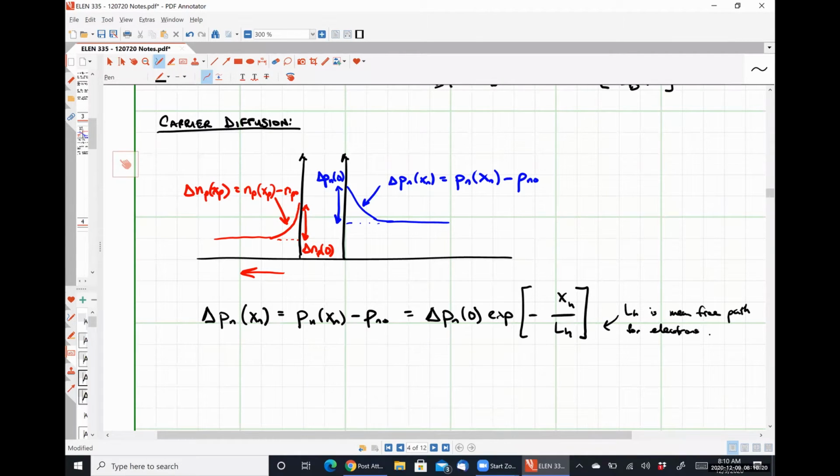That's the average distance a carrier can travel before a scattering event occurs.